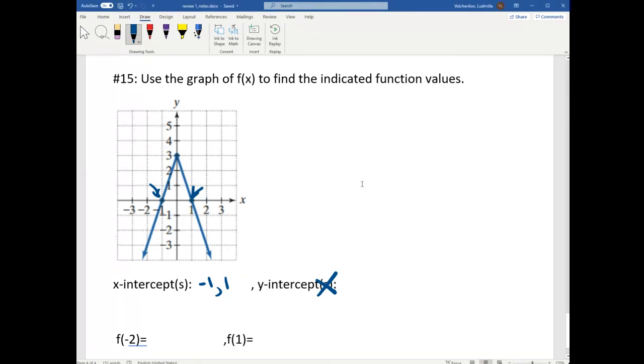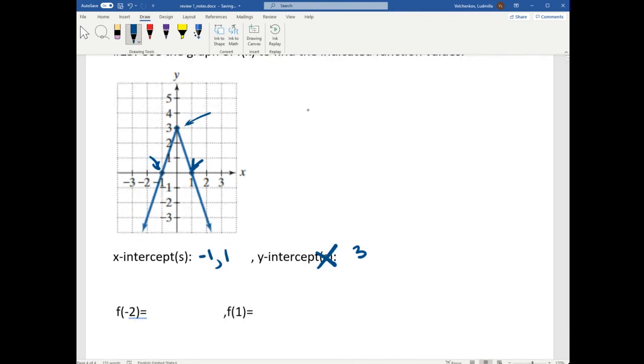Okay, so very good, you have answered very well. So this is the y-intercept, y equals 3. And 2 more questions. So find f of -2 and f of 1. f of -2 means that x equals -2.